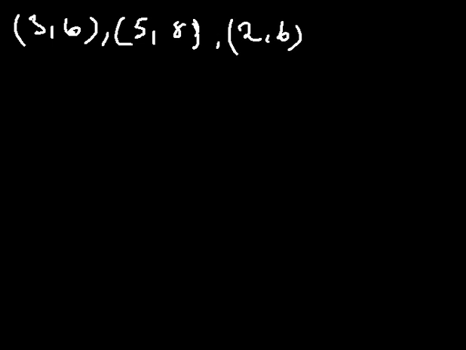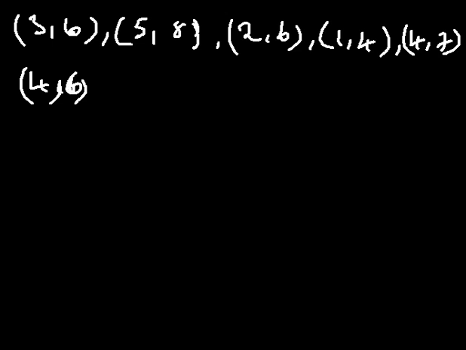With the following, let's say we have the data values given as 3,6, and we have 5,8, and 2,6, and 1,4, and 4,7, and we have 4,6.